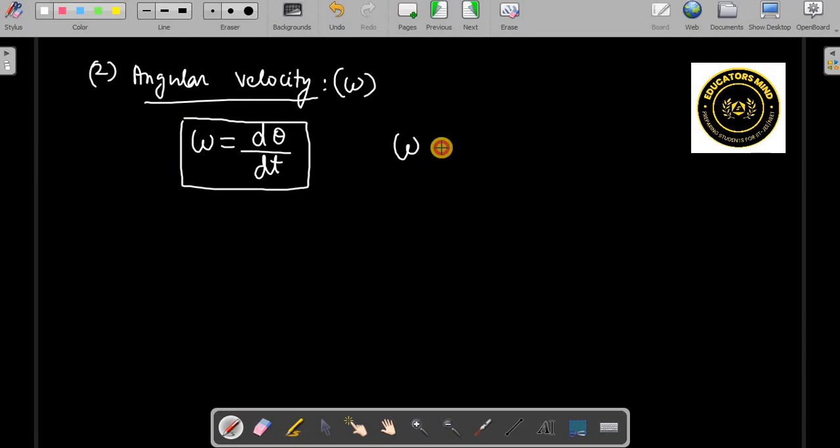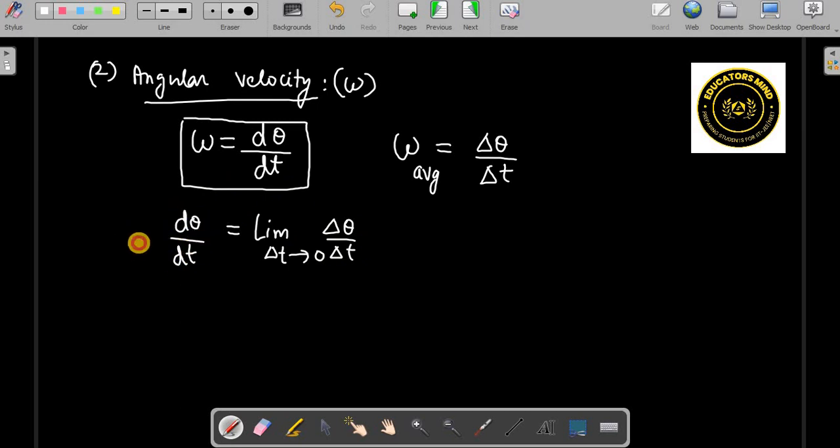Of course, the average is delta theta by delta t. When you apply the limit delta t tends to 0, delta theta by delta t becomes d theta by dt. This is omega, angular velocity: the rate at which the angle is changing.